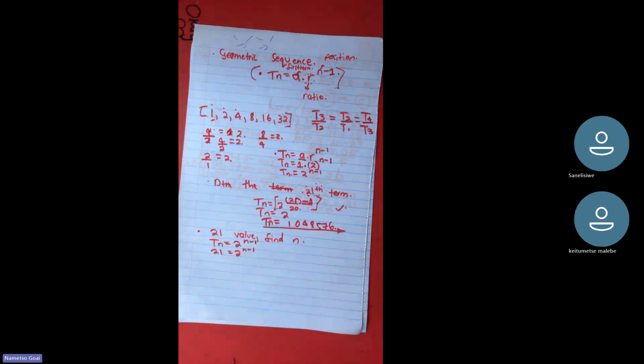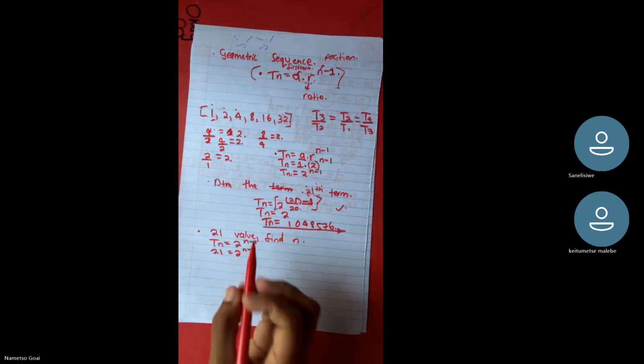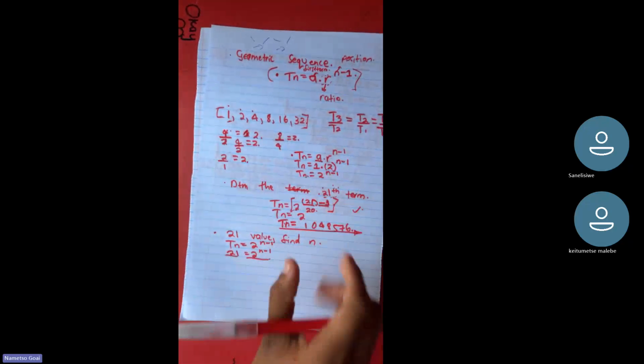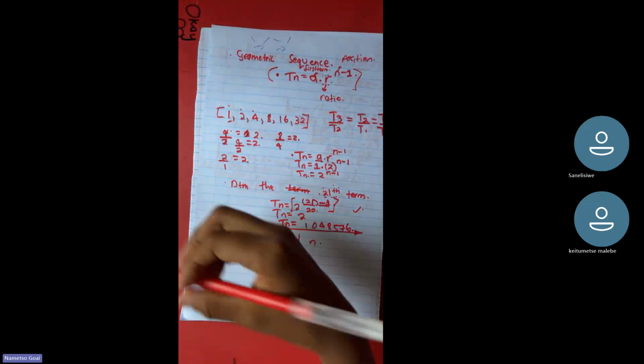So we know that in order to work with this, we're going to have to go back to our laws of exponents. Remember, if you have the same bases, now you can drop the bases and equate the exponents.